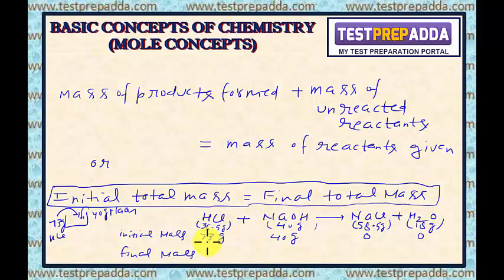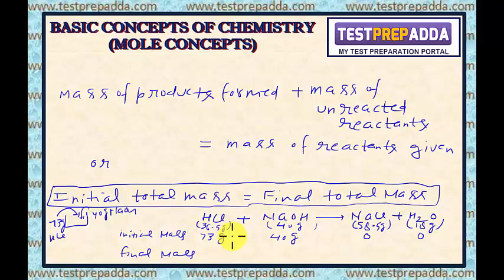Now look at the given masses. If you look at the given masses and compare these two, you will say 40 requires 36.5, but given HCl is 73 grams.